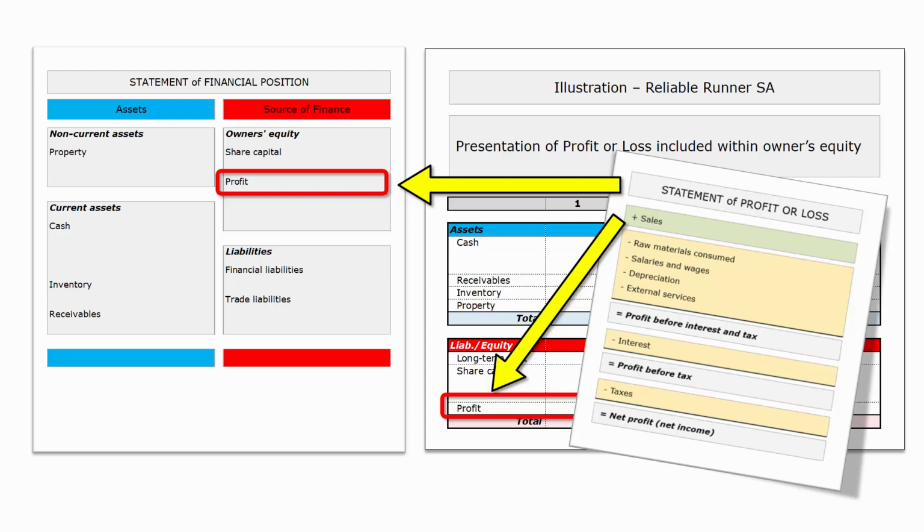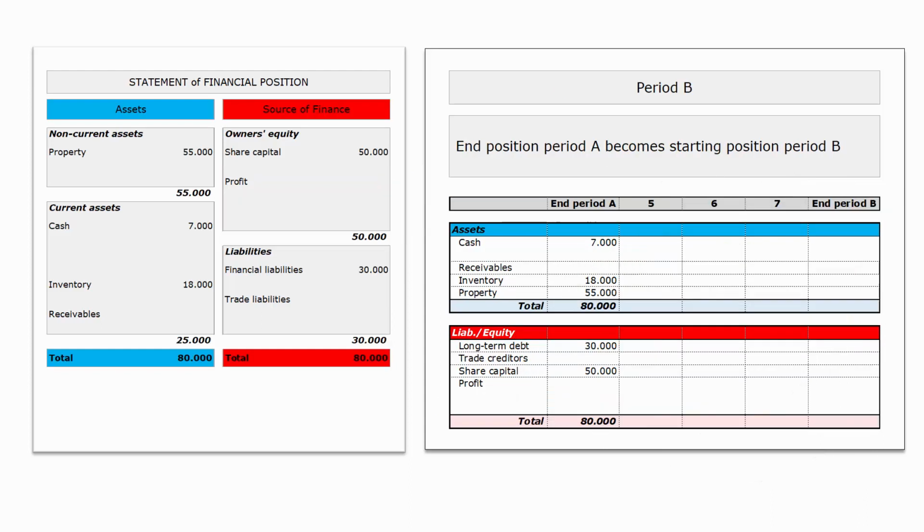This worked example explicitly follows this logic by directly logging components of profit or loss within equity, with revenue from sales increasing equity and expenses decreasing equity. A separate statement of profit or loss would provide us with an overview of all income and expense items accounted for within equity. The financial position at the end of period A will be the starting financial position for period B.